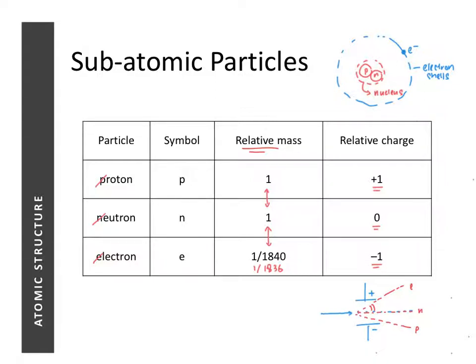Our electrons are so light that they move away from the center line by a larger angle compared to protons, because protons are heavier. This is quite a common question that you will see in MCQ, which relies on your knowledge of the relative mass and relative charges of each subatomic particle.